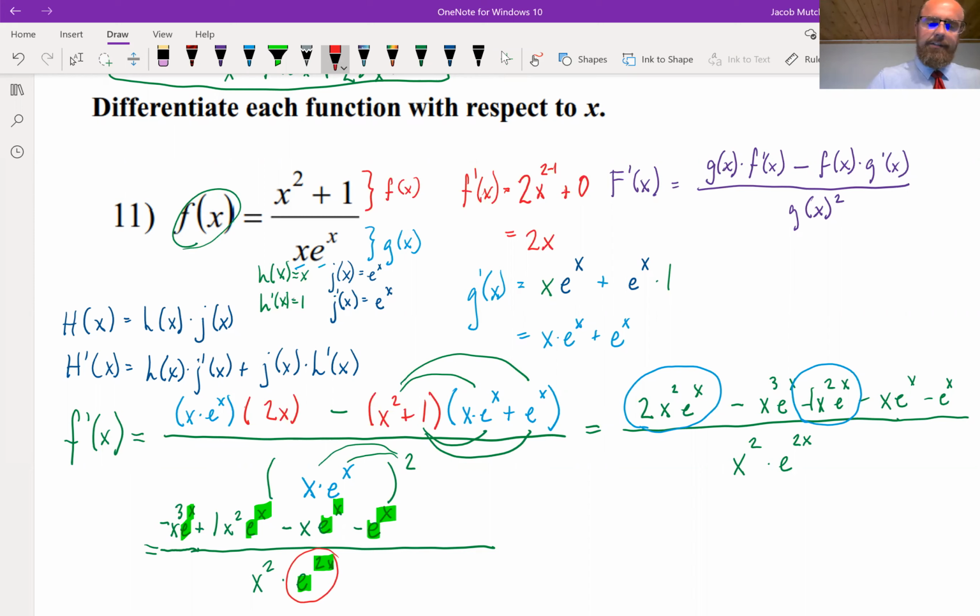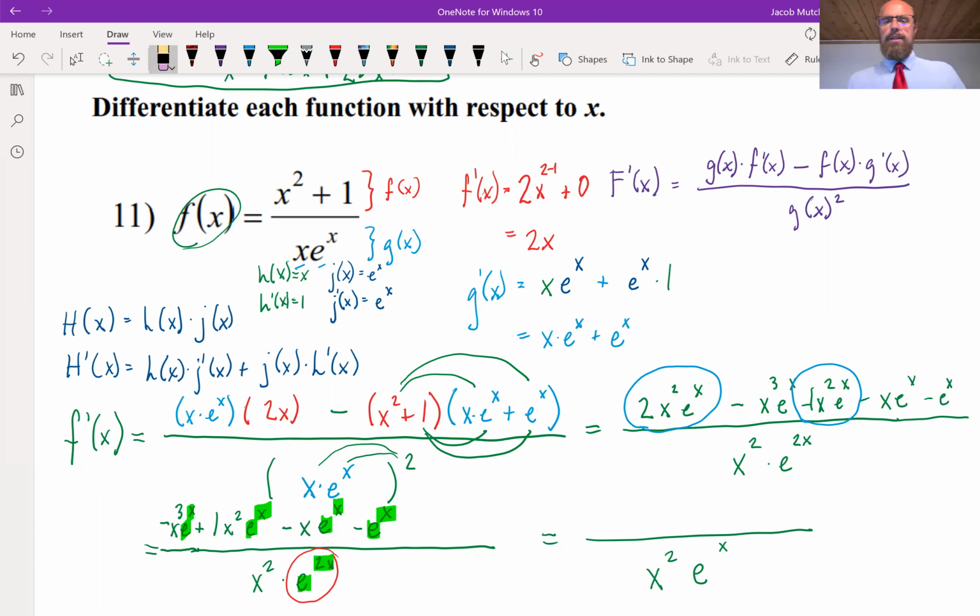What I need to decide is what's going to cancel from this lower e to the power of 2x. Well, if I just take the two powers, I'll set up my denominator first for this final answer. So it's going to be x squared times e to the power of 2x minus the x that's represented in each one of those powers above. And then I can see there, okay, 2x minus x, what's that going to leave me with? 1x, or just simply x.